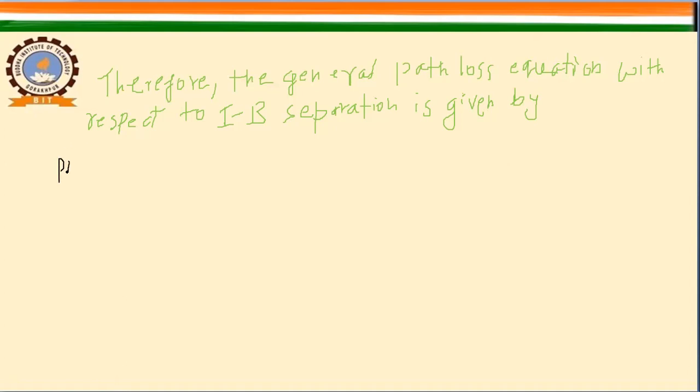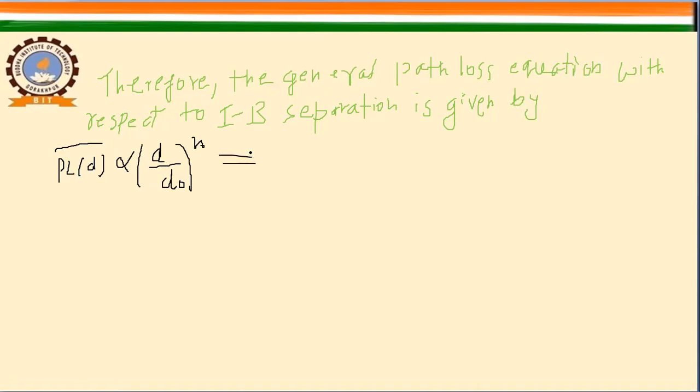Path loss at separation distance d bar is directly proportional to the separation distance over the reference distance d naught, to the power of n.